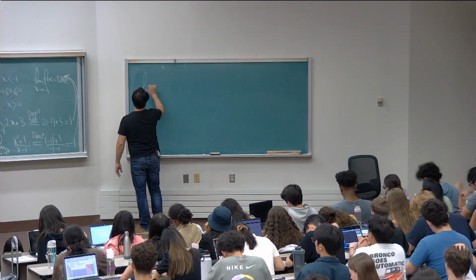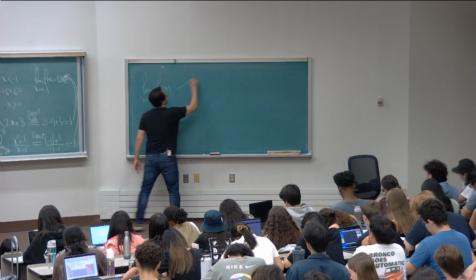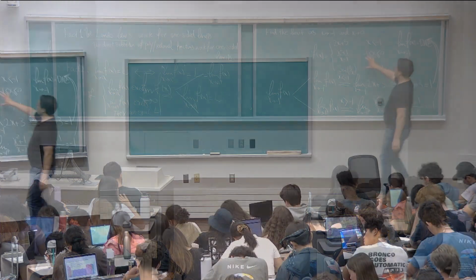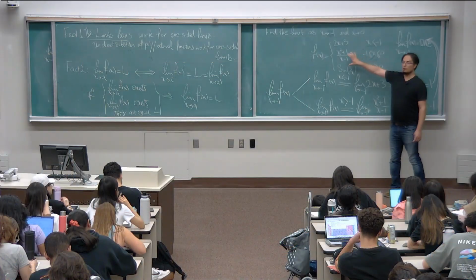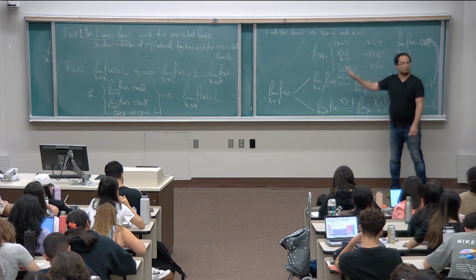How about the other one, as x approaches 0? Split into two pieces. Why? Because the function is defined using two completely different formulas when we are closer to 0.